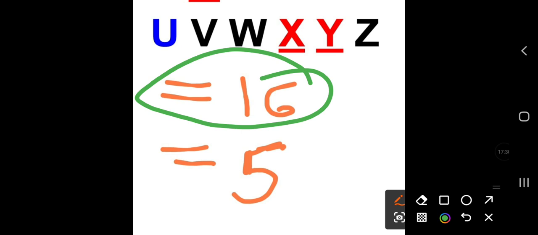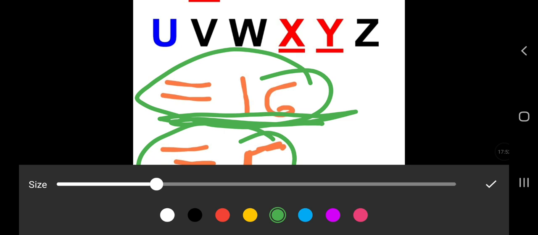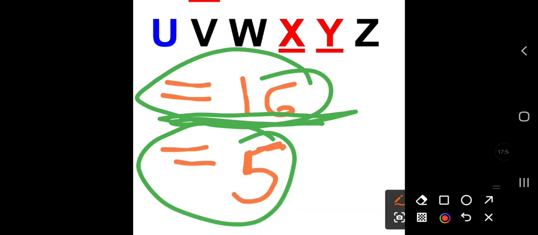Our focus is more and more on sounds and symbols. So please remember, 16 sounds or letters or symbols have been accepted as they are. But 5 letters have been cancelled.